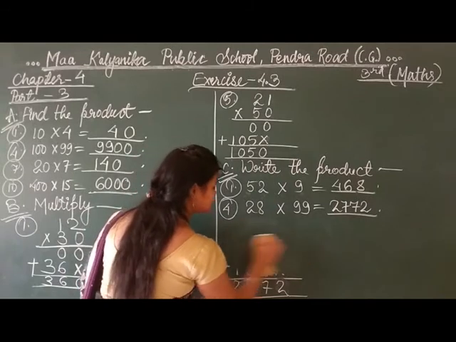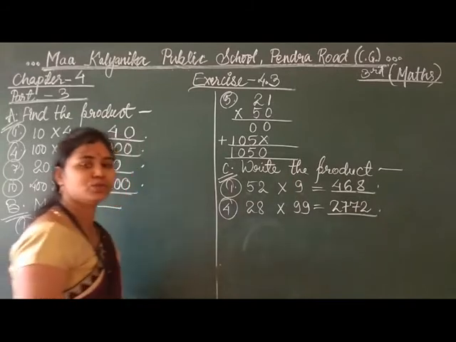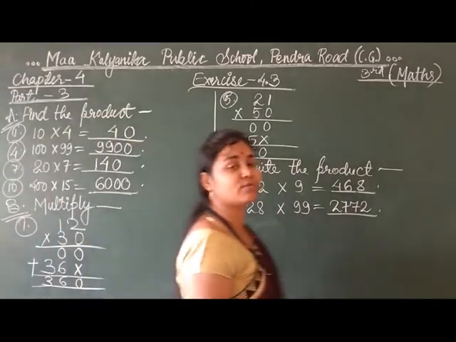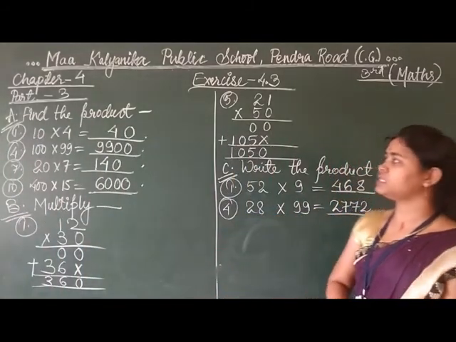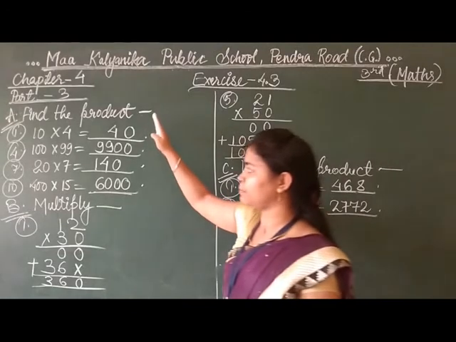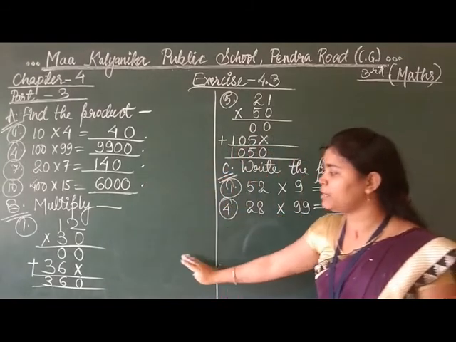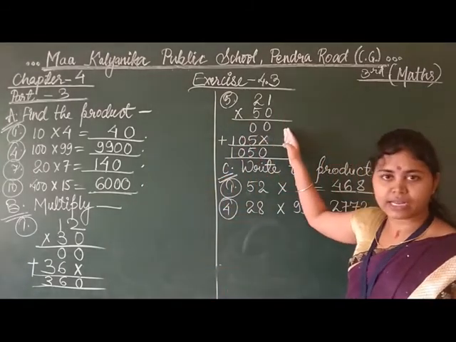So simply students, multiplying by writing in column is the easy way, so that you can find the correct product without doing any mistake. So in exercise 4.3 we have done question number A, 4 questions, 1, 4, 7 and 10. Question number B, 1 and 5 by writing in column.